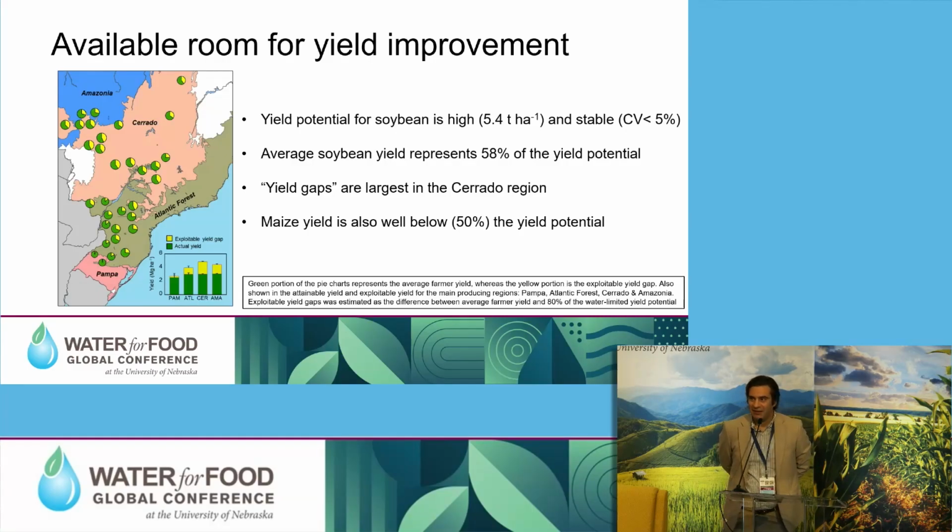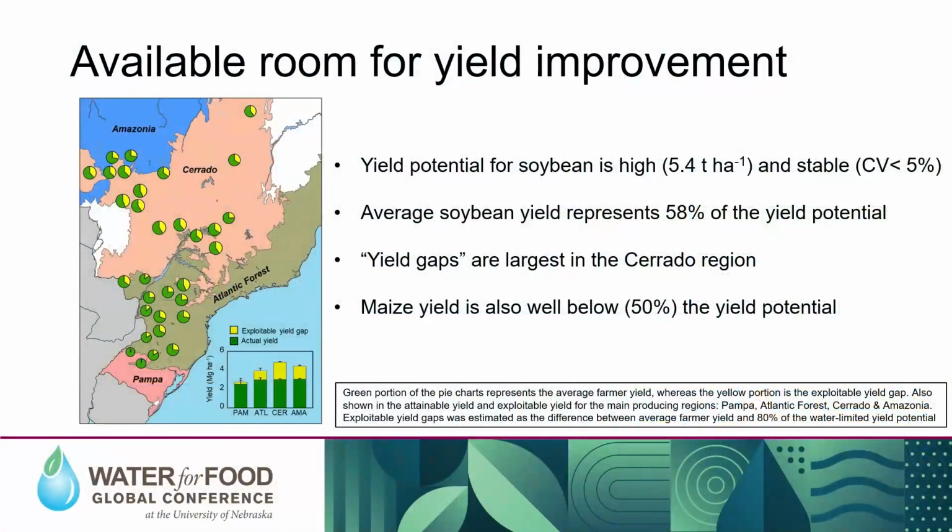Now, that gap between the average yield and the yield potential is not the same across the whole of Brazil. If you look at the map on the left-hand side, you can see those pie charts in which the green fraction represents the average yield and the yellow represents the gap between the average yield and the potential yield. The yellow fraction represents the opportunity cost of not using better agronomic practices.